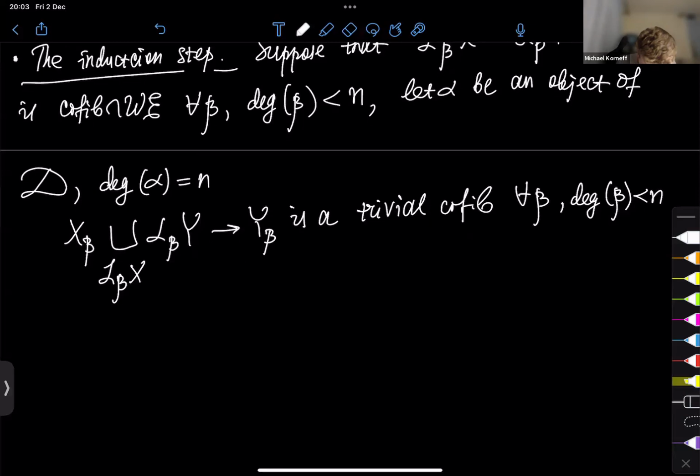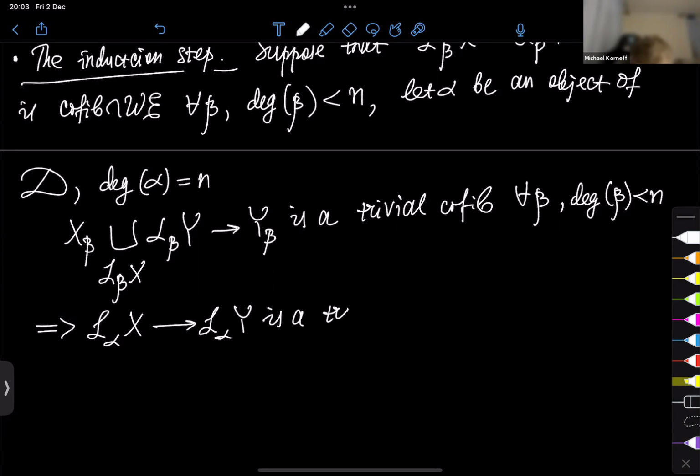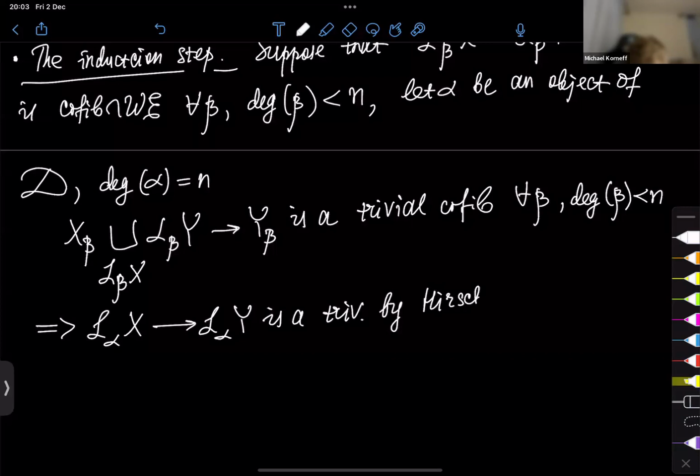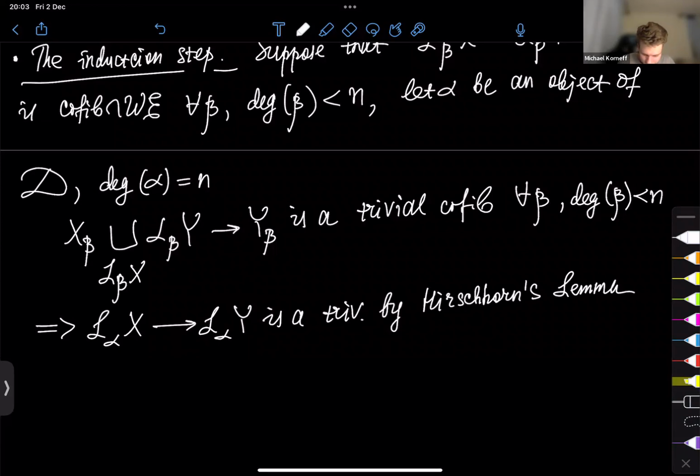Thus, it implies that the map between alpha's latching objects is, by Hirschhorn's lemma, a trivial cofibration.